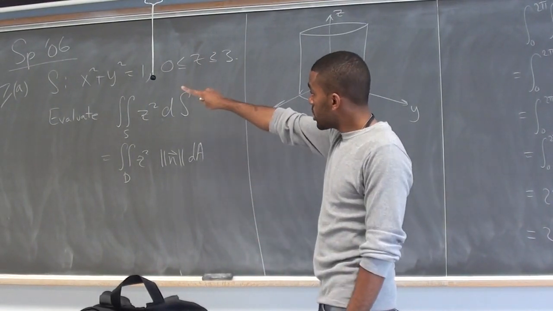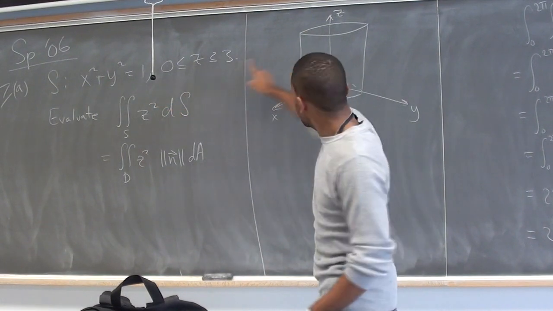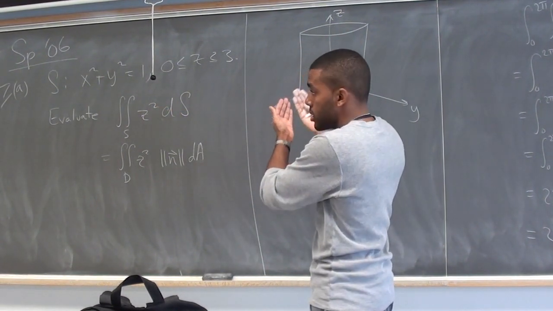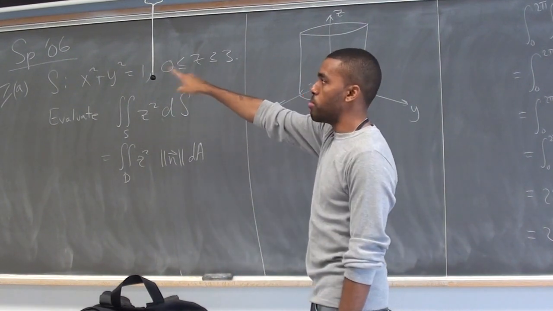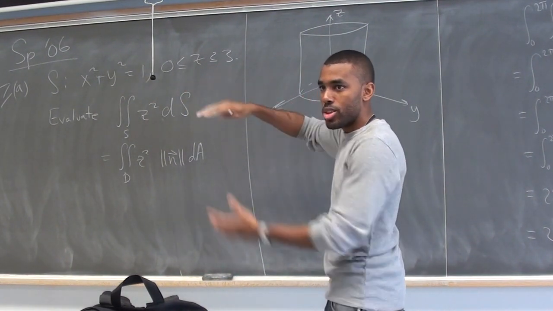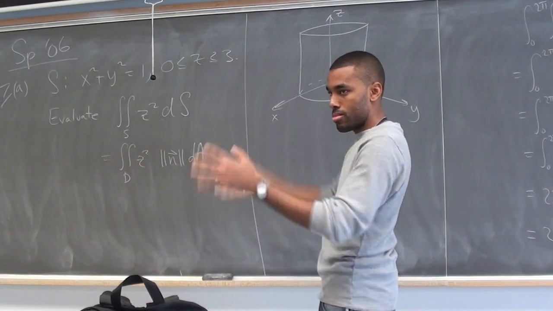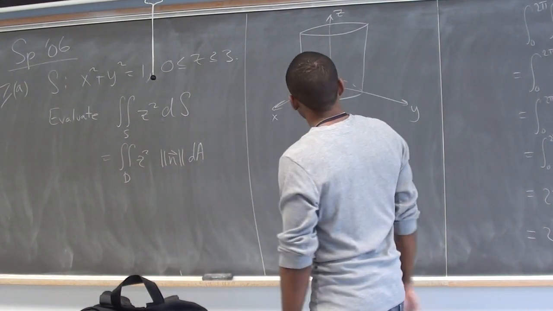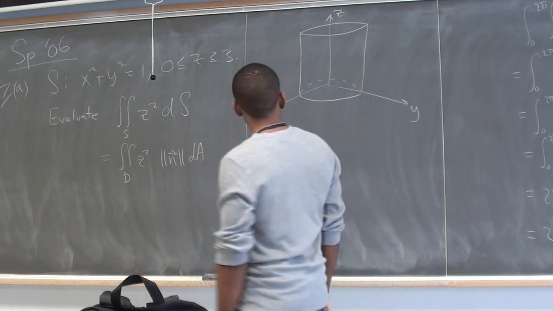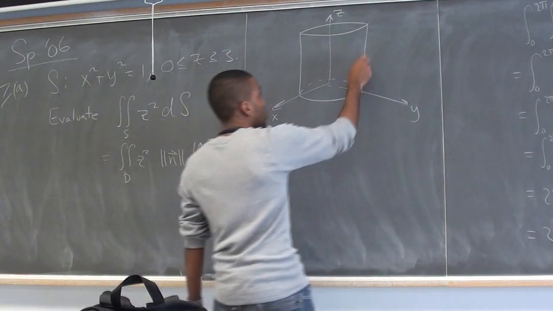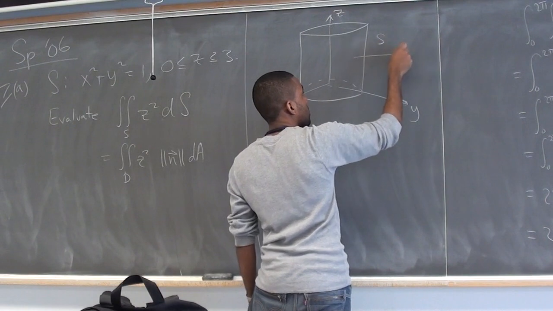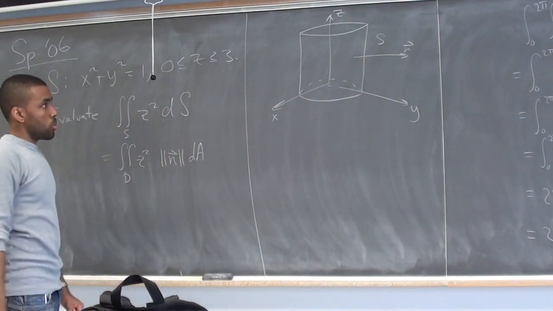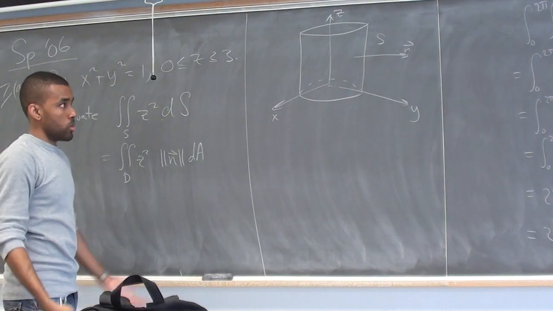Here, you should realize that S does not include the top and bottom. It's just the skin. Otherwise, I would say S is the boundary of this cylinder, in which case you have to include all surfaces that surround it. Now I only care about one surface, and that's my S, my normal vector pointing out like that. I would parameterize it.